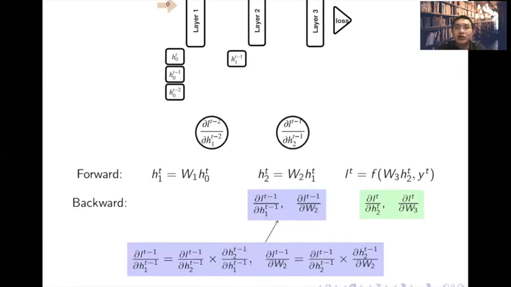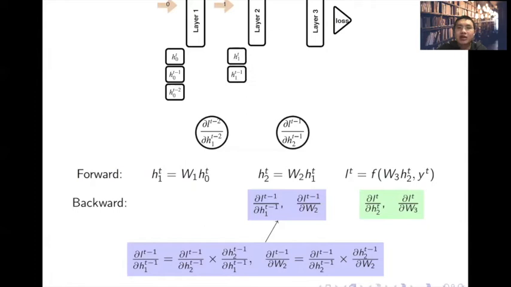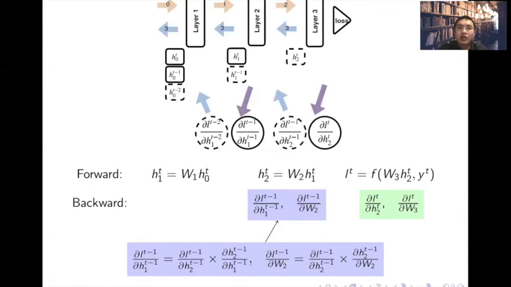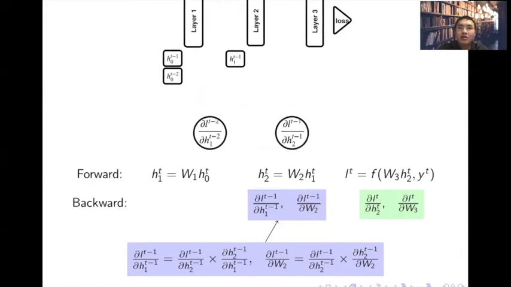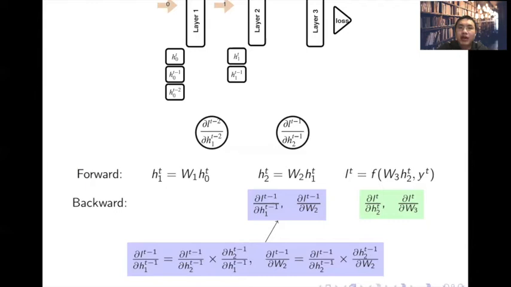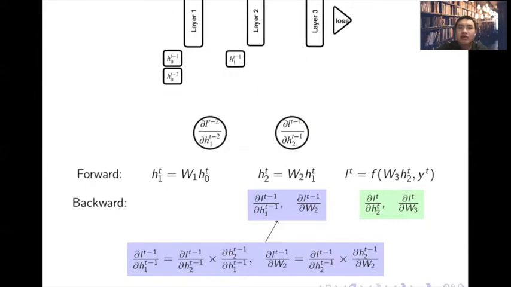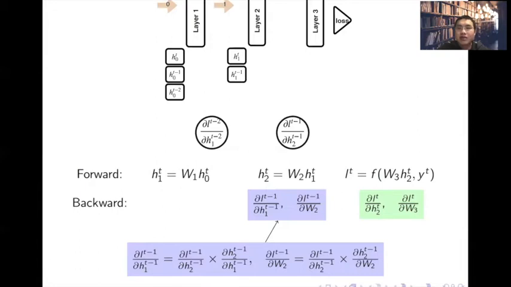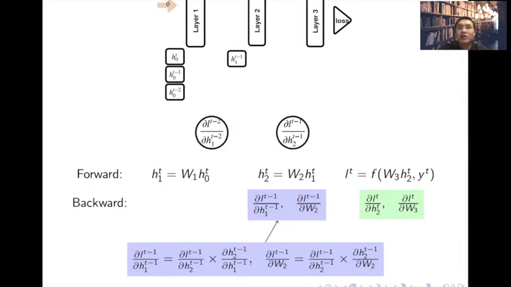In layer 2, instead of computing the gradients using samples from time step t, layer 2 will compute the gradients using samples from time step t-1. In this way, because the partial L t-1 over partial H2 t-1 has already been received from layer 3 in the previous time step, at time step t, layer 2 and layer 3 are independent from each other.